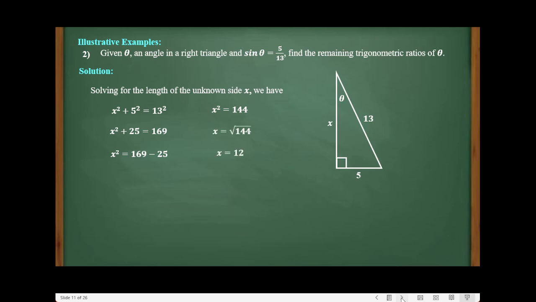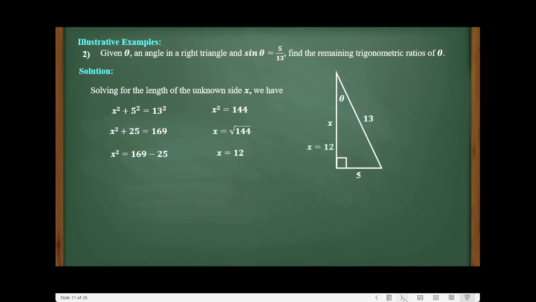So from this formed equation, we will transform it in order to solve for x, and step by step, up to the last one, we obtain that the value of x is 12.